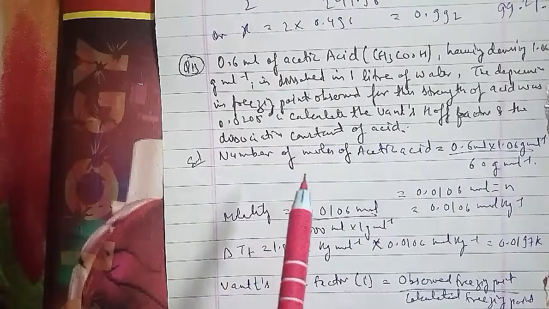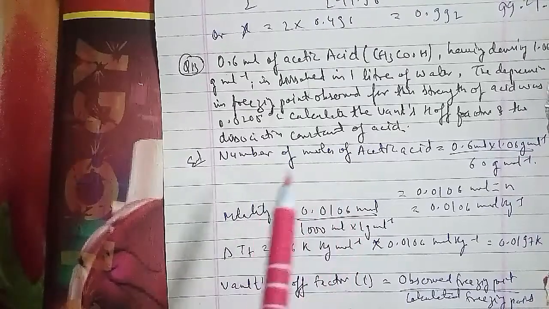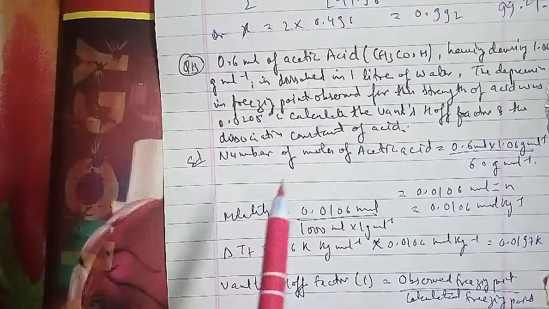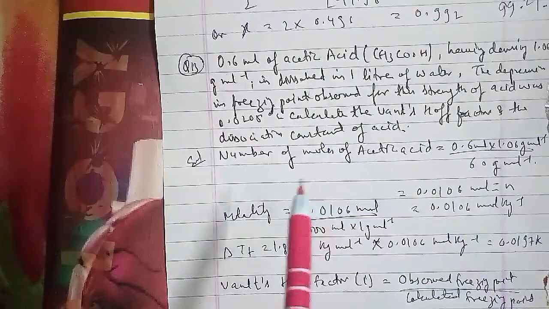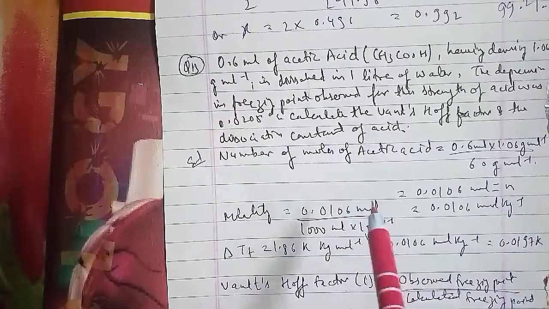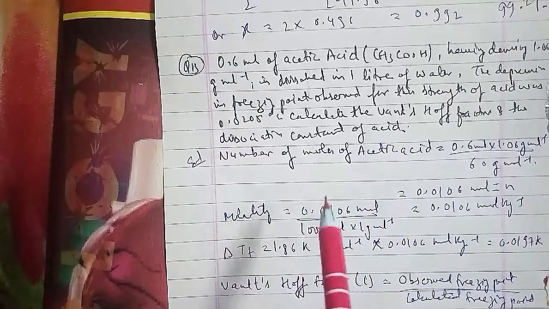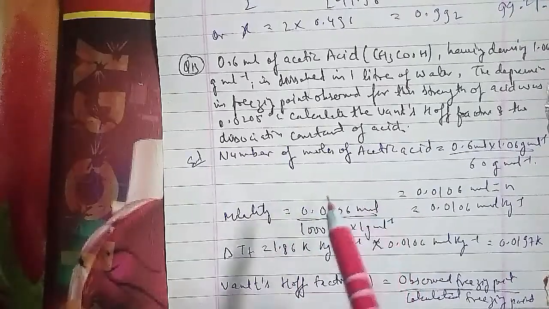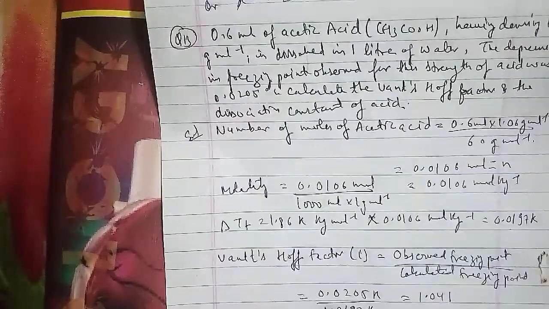So the total moles of particles are n(1 minus x) plus nx plus nx, which equals n(1 plus x), since minus and plus cancel. So i equals n(1 plus x) upon n, the n cancels, so 1 plus x equals 1.041.